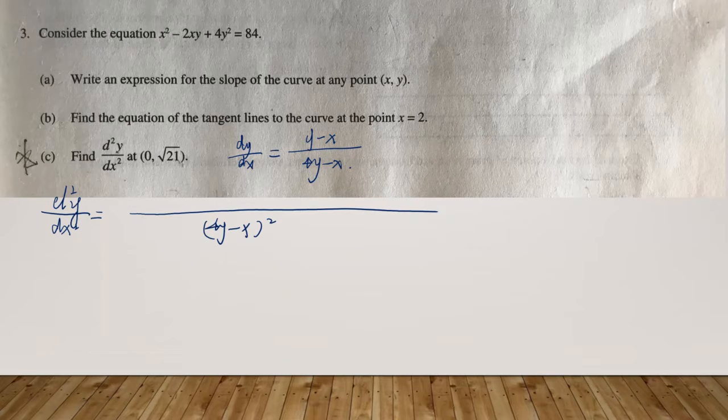So first one, dy over dx minus 1 times 4y minus x, minus 4 dy over dx minus 1 times y minus x. So simplified.